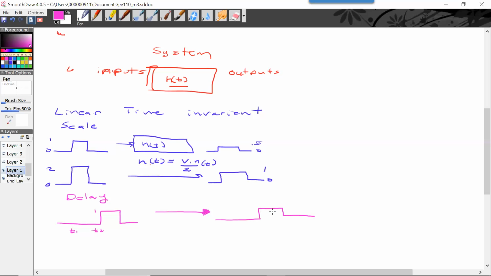You can see that it's delayed. Maybe my picture doesn't show it, but whatever the system is, it's just delayed by that amount, all right?